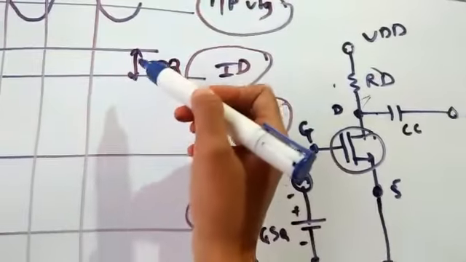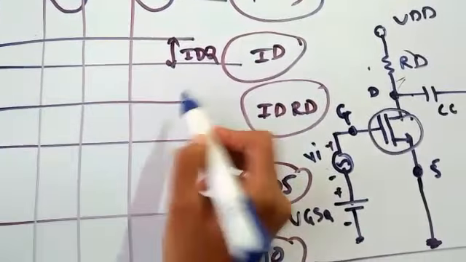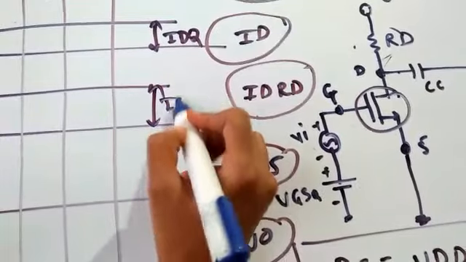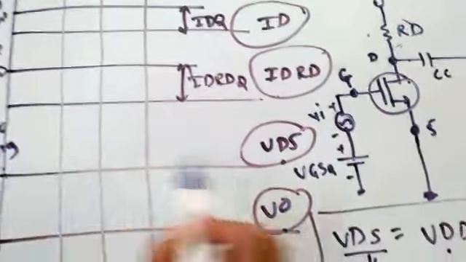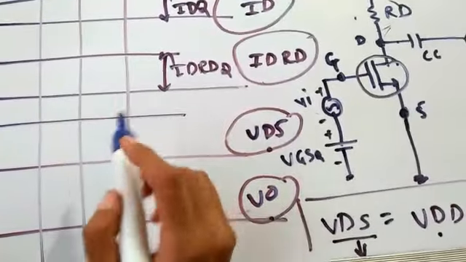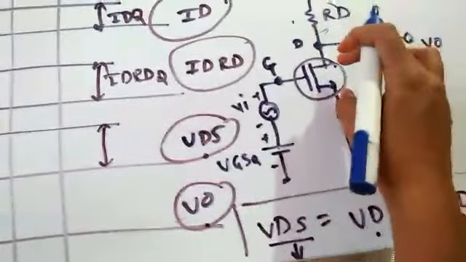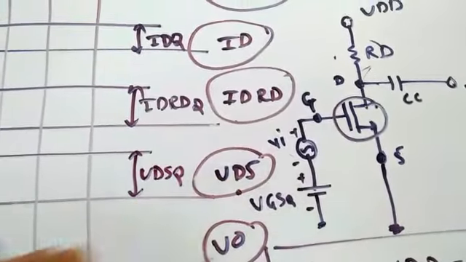The current which is due to this VDD will be IDQ. Similarly, the drop across this, ID RD, is ID RDQ. Similarly VDS is the drop across this due to this VDD, which is VDSQ.